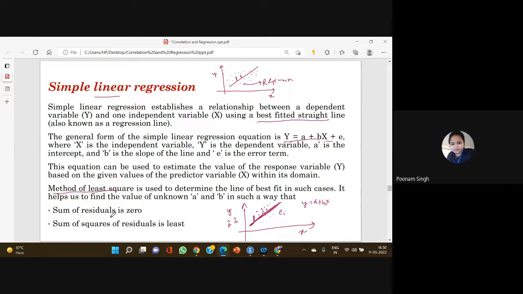It is written here that the method of least squares helps to find the values of the unknowns a and b in such a way that the sum of residuals is 0 and the sum of squares of residuals is least. To find the sum of squares of residuals, what we need to do is find this minimum distance.